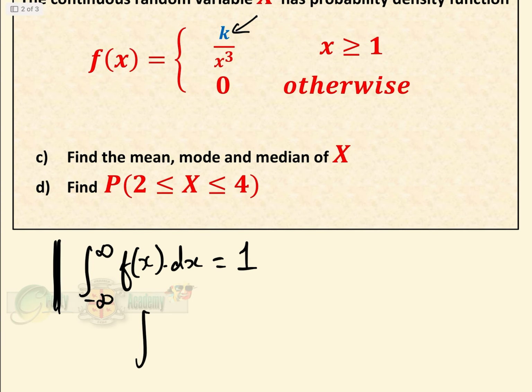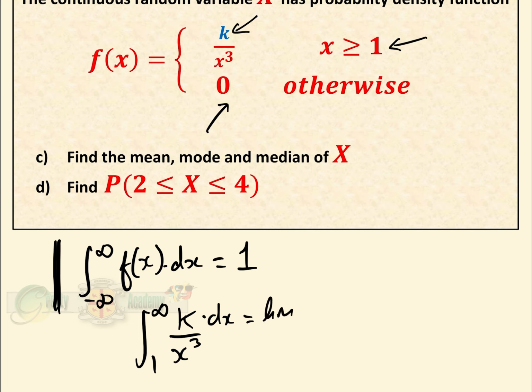So we have the integral between infinity and 1, because it's defined for x greater than or equal to 1 and not defined for x less than 1, of k over x cubed dx. Because we can't really use infinity here, we use the limit as b approaches infinity of the integral between 1 and b of k over x cubed dx.